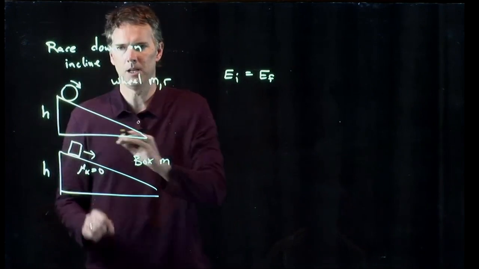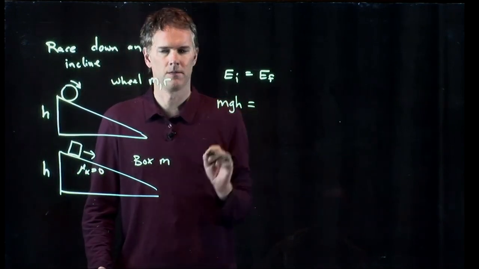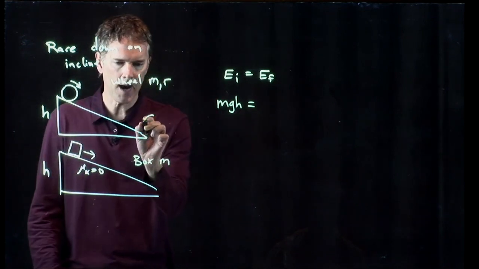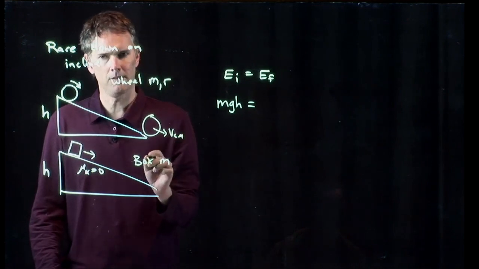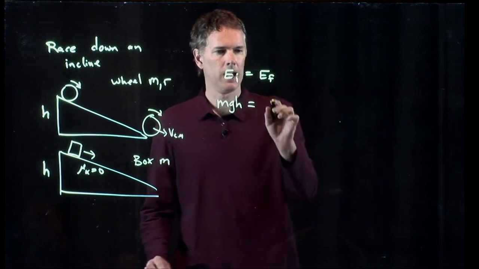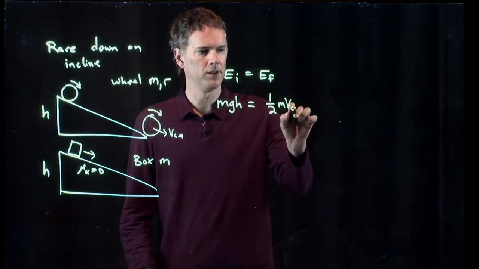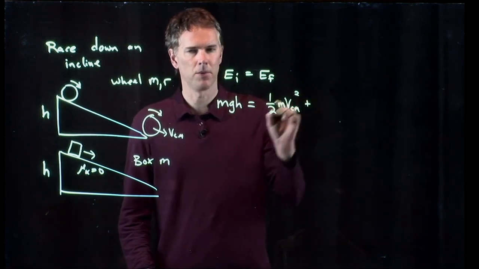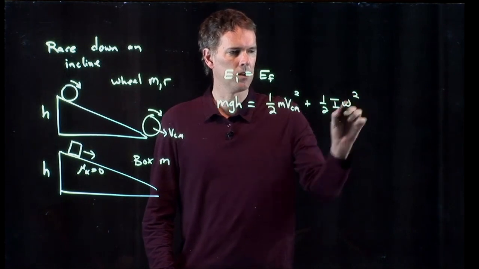When it's up at the top, it's all potential energy, mgh. When it's at the bottom, it has center of mass motion and it has rotational motion. And so we have to add those two up. 1/2 m VCM squared plus 1/2 I omega squared.